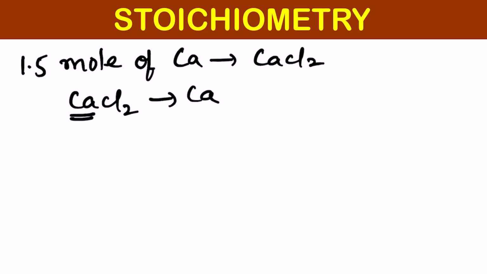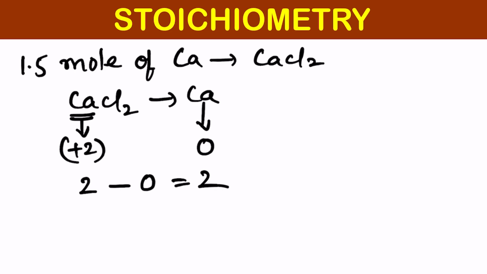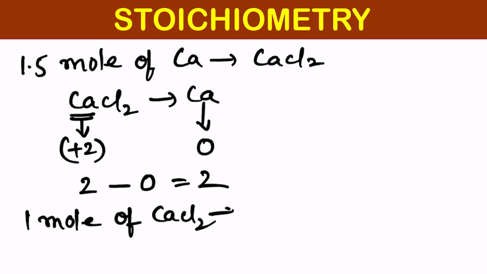The oxidation state of an alkaline earth metal in all its compounds is +2. +2 is changing to 0. So higher oxidation state is 2, lower oxidation state is 0, 2. That implies for every 1 mole of CaCl2 converting into calcium, I require 2 moles of electrons, that is equal to 2 Faradays.